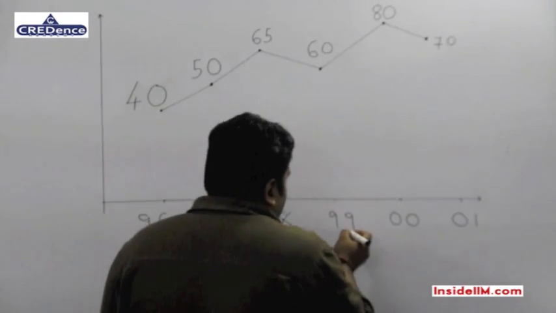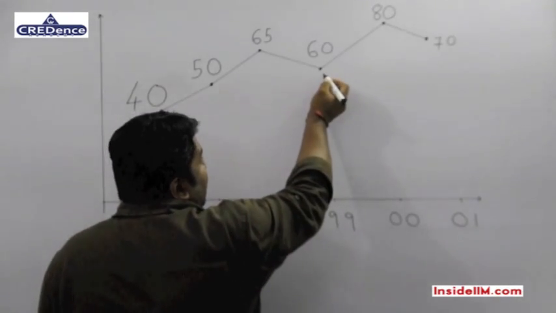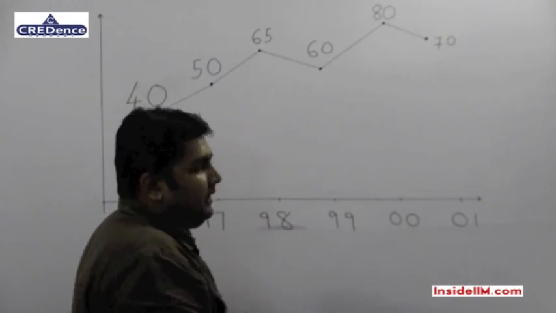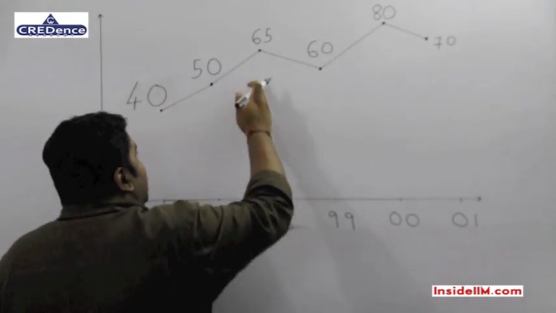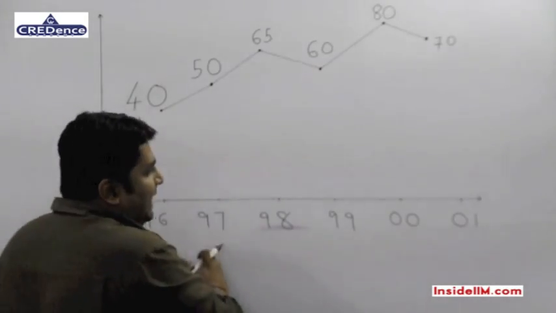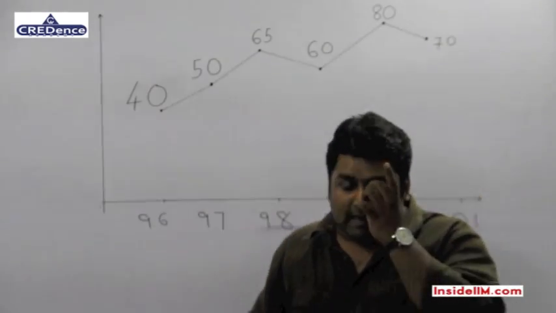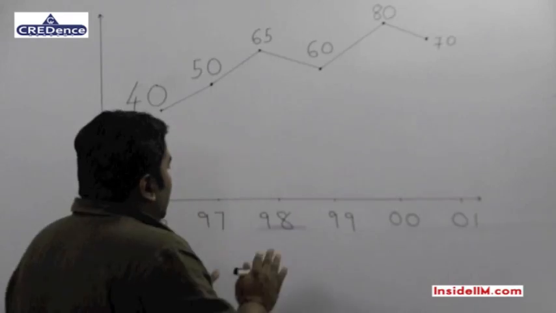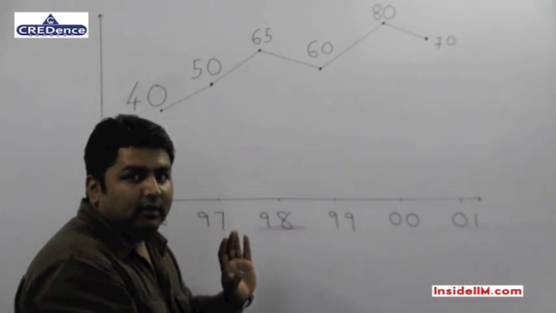Now, we know that in the year 1999, there is a 60% increase over the value in the year 1998, and in the year 1998, whatever is the value, is a 65% increase over the value in 1997. Since the question asks us to find out the value in 1997 as compared to 1999, we only need to make our solution for this period, which is 97 to 99.